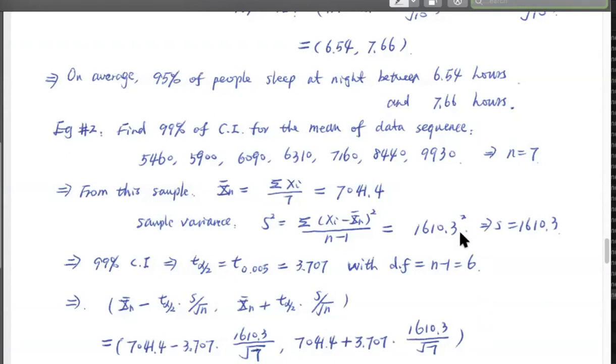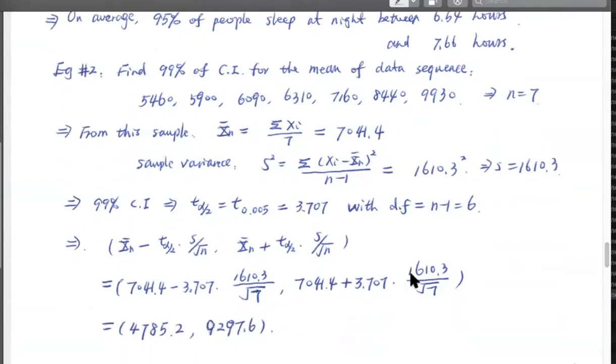If this question happens on the homework or an exam, you probably want to do it last, because using this formula to do the calculation might take some time. Once you find the sample standard deviation, 1,610, you plug every number into the formula.